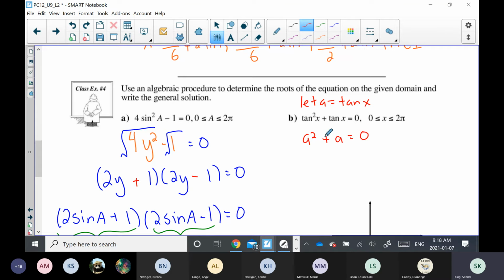It's not a PSA 1 or 2 because it's not 3 terms. It's not a difference of squares because there's not a negative here. This would be a GCF. A divided by A cancels, and it just gives you a 1.